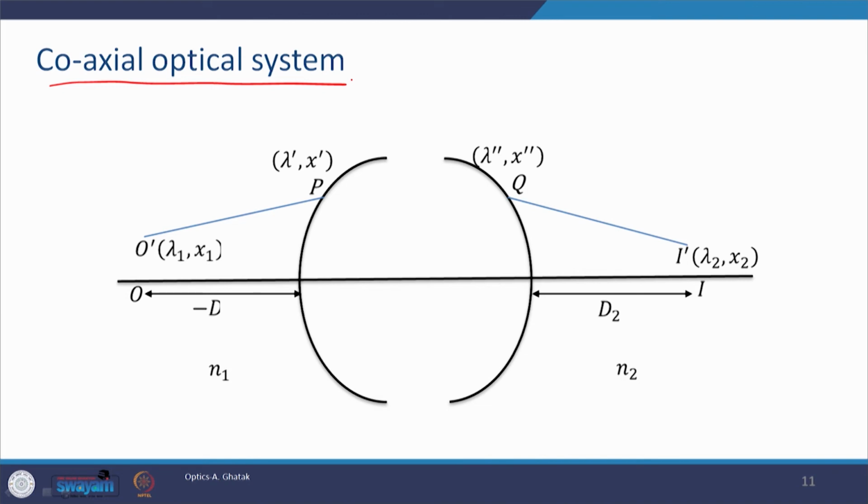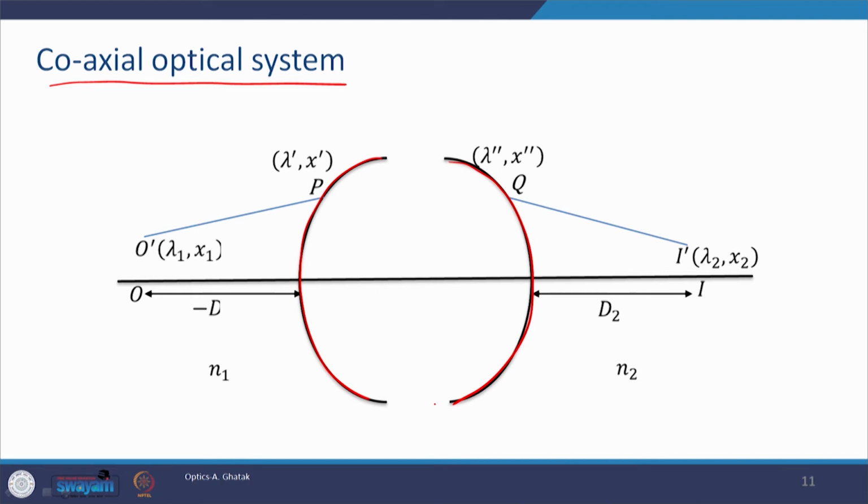Multiple varieties of lenses are kept coaxially in a box, and the boundary of the box is the refracting surfaces, which are given by these two curves, this left and right curve, which bind this optical system. The optical system is within these left and right curves, and we do not know what is inside it. It is like a black box.